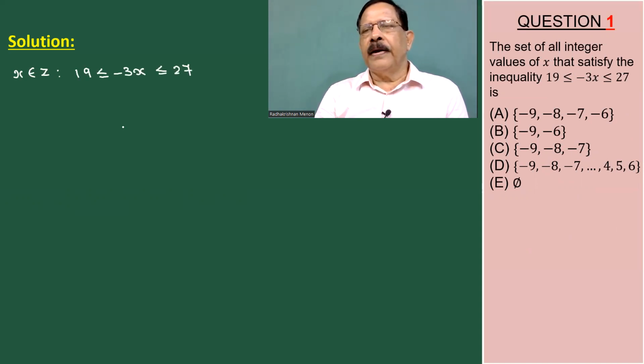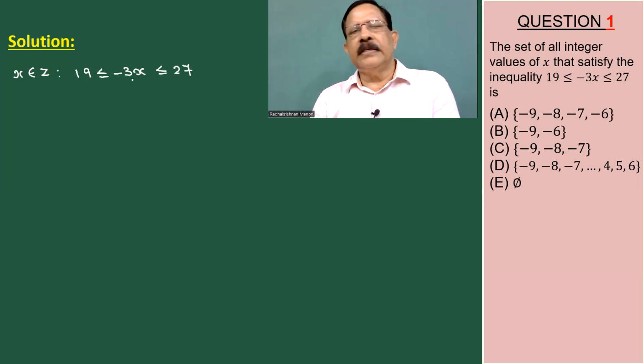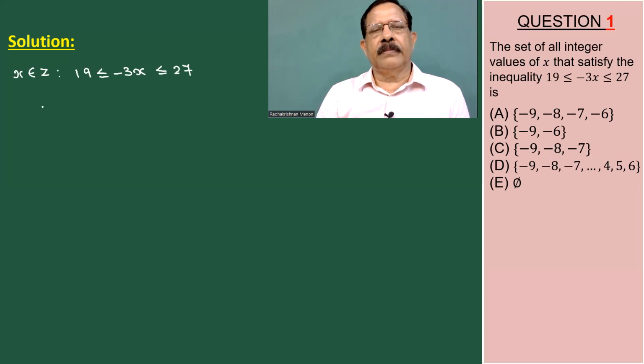Okay. Now, first of all, we divide by -3. So when you divide by -3, the inequality reverses.